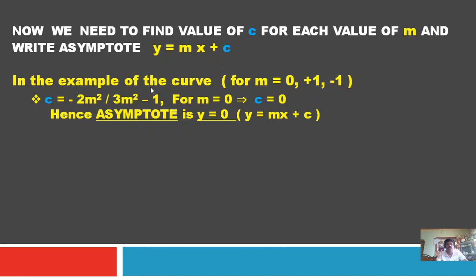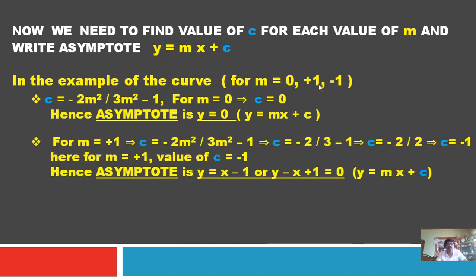Now we need to find the value of c for the first value of m. c equals minus 2m square divided by 3m square minus 1. For m equals 0, the value of c is 0. Therefore, the asymptote should be in the form of y equals mx plus c. Substitute m equals 0, c equals 0, we get y equals 0. This is the first asymptote we got for m equals 0.